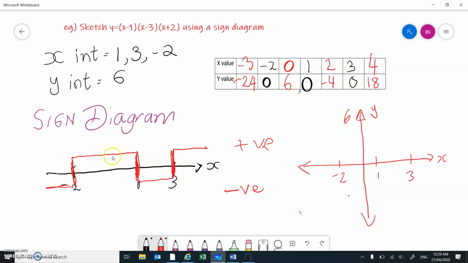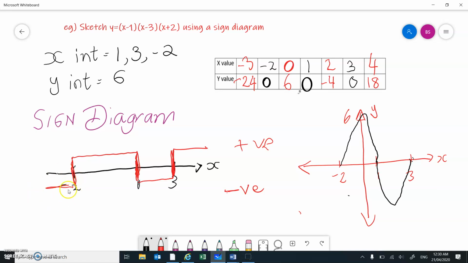So between -2 and 1, it's a positive graph. It's all positive. So that means it has to go through here somehow and has to come down. It's all in the positive y region. Between 1 and 3, it's in the negative y region.